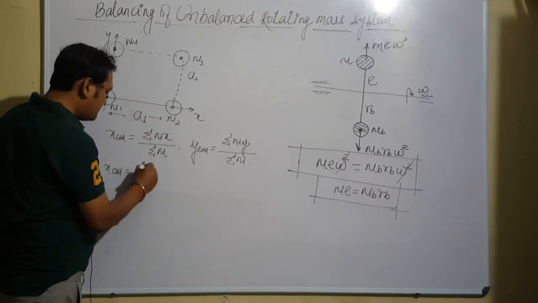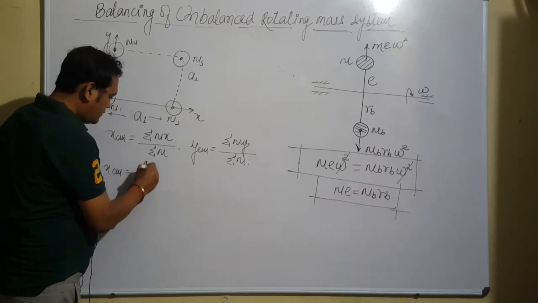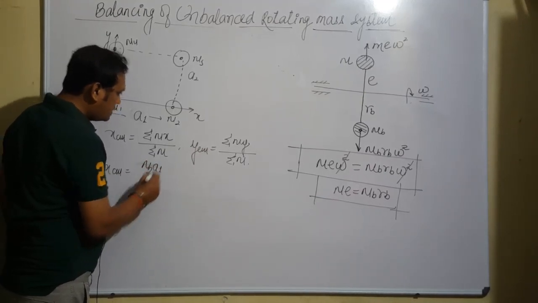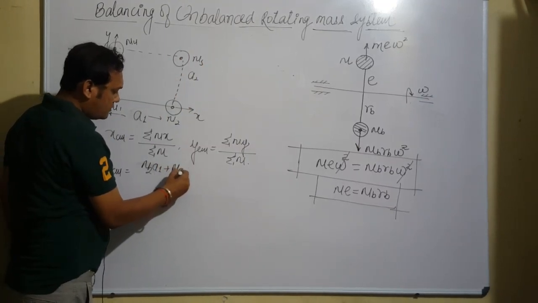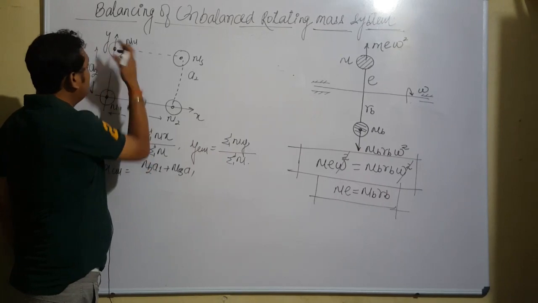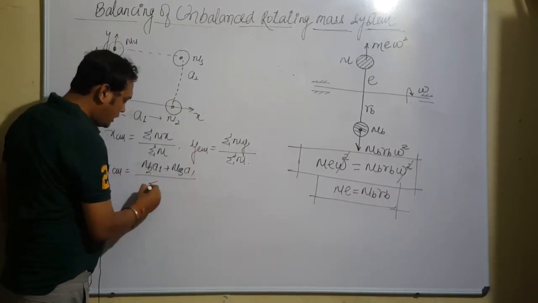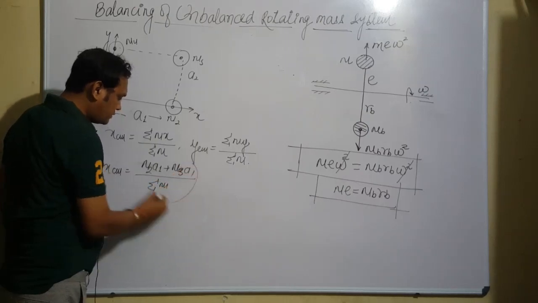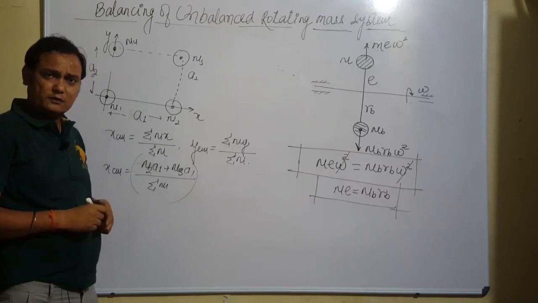So it will be m2 a1. Then x coordinate of this plus m3 a1. Then x coordinate of this, again x coordinate of this mass is 0, divide over all the masses m1 plus m2 plus m3 plus m4. And similarly you do for y coordinate of the system.